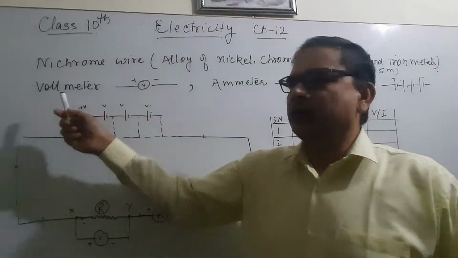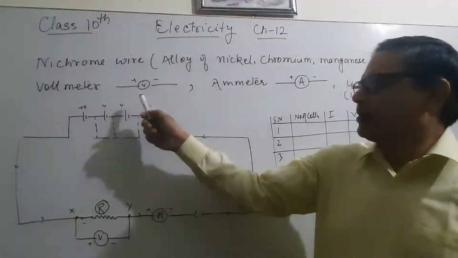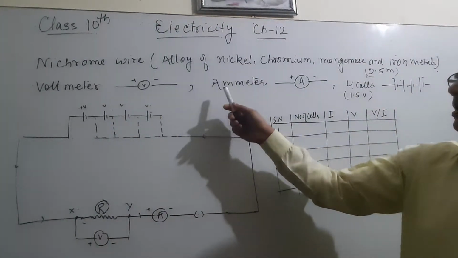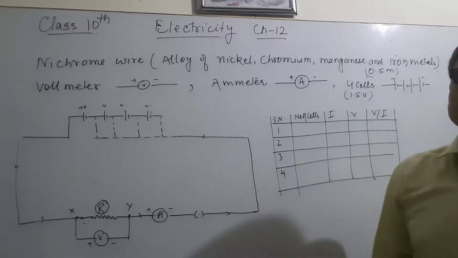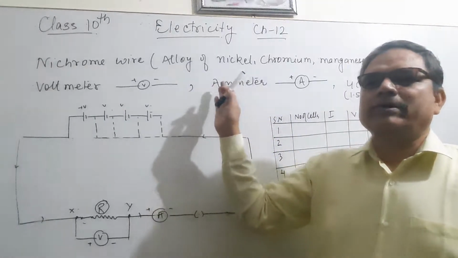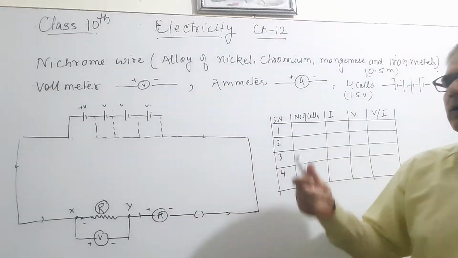And a voltmeter whose symbol is V, and an ammeter. You know very well that an ammeter is used to measure the current.